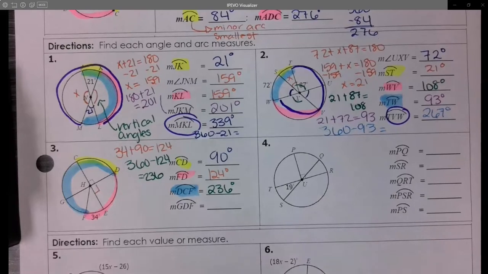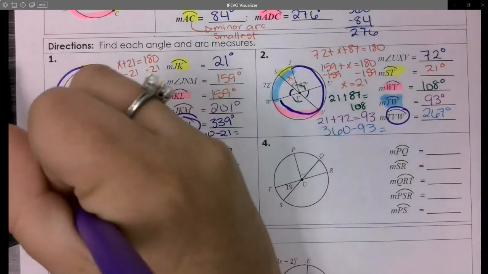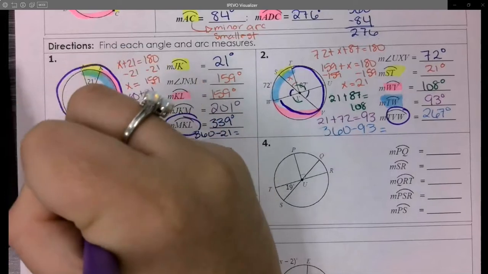Okay, so the last one is GDF. So everything right here.